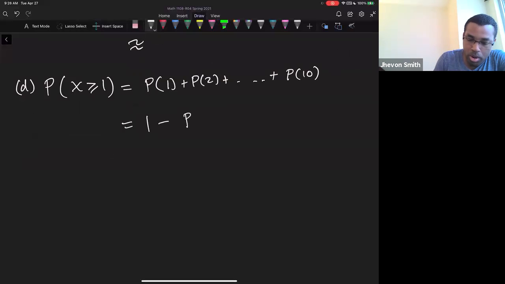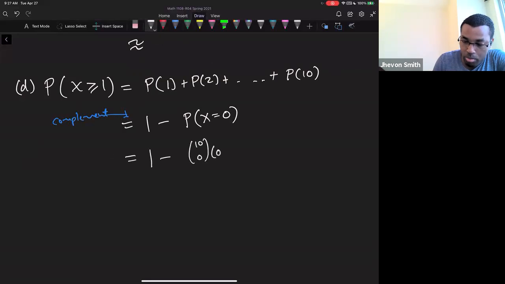This is 1 minus the probability that x equals 0. So it's 1 minus 10 choose 0, where he misses all of them, 0.7 to the 0, 0.3 to the 10 minus 0.